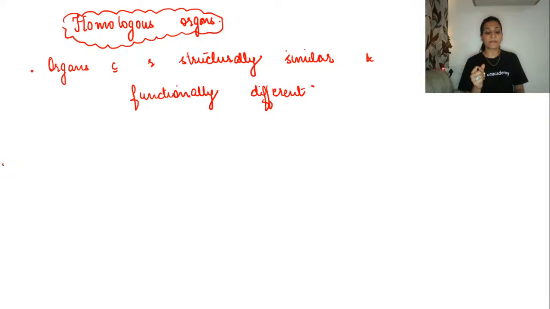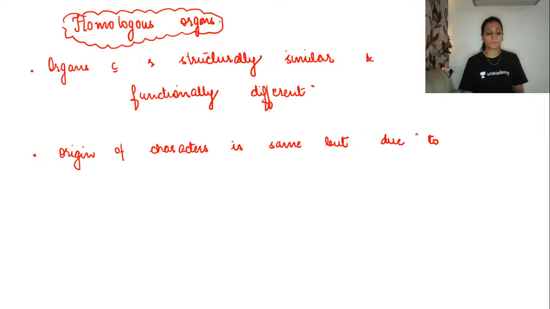So the origin of characters is same, but due to different environmental conditions, they adapted and developed into some other organ, and their function became different.